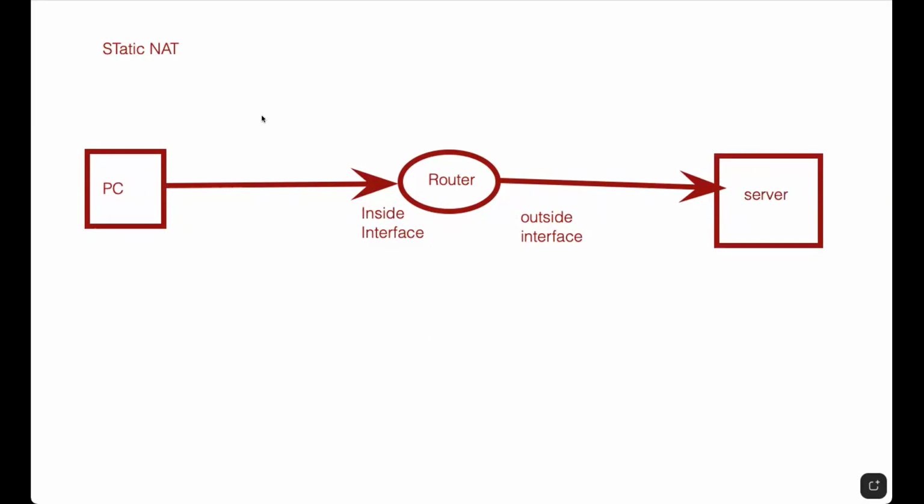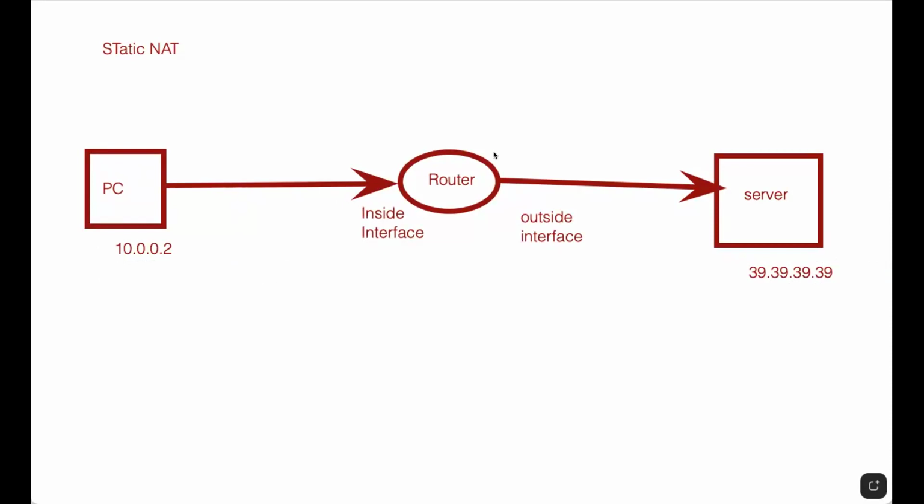So here we have to use a 10.x IP, which is a private IP. Let's pick something like 10.0.0.2. Then let's pick a server IP like 39.39.39.39. Whatever translation we do, the 10.0.0.2 should be translated to a public IP.